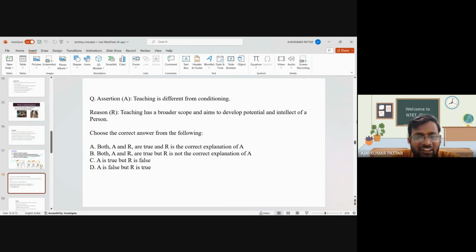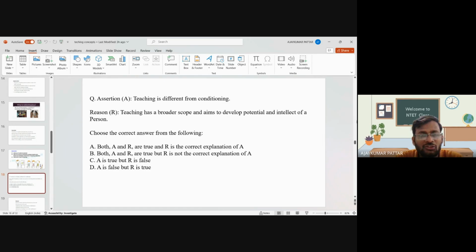First they give one statement, then the second statement. They ask whether this reason is a correct explanation for that first statement or not. These types of questions we call assertion reason based questions.